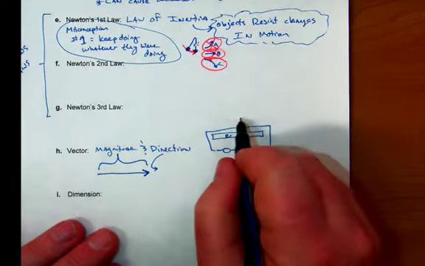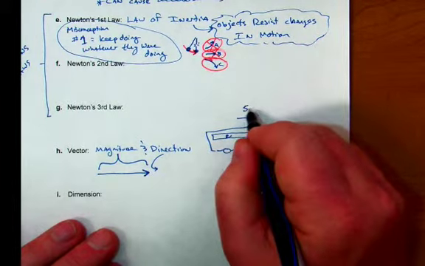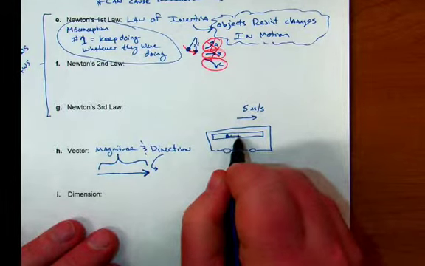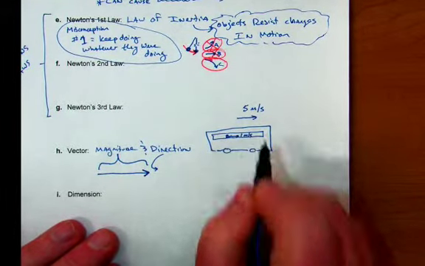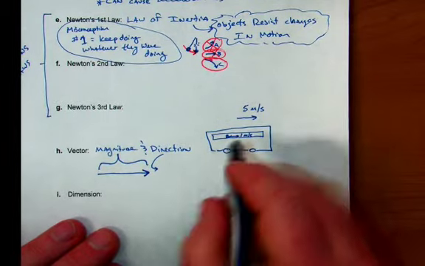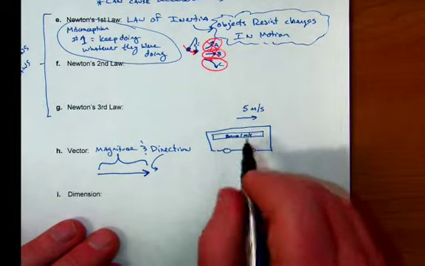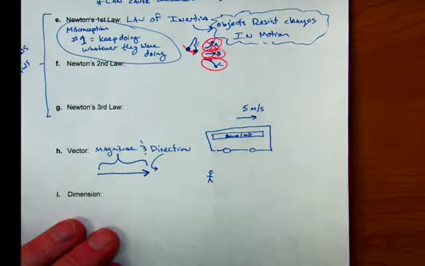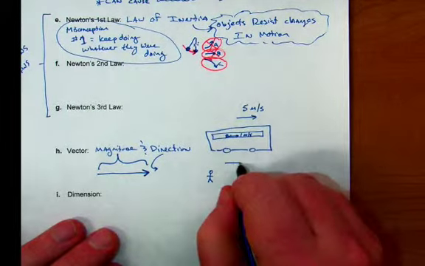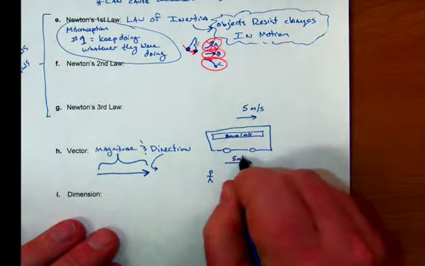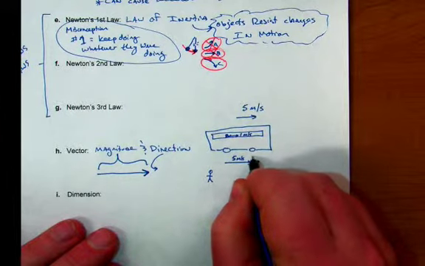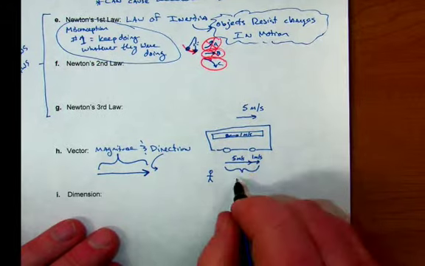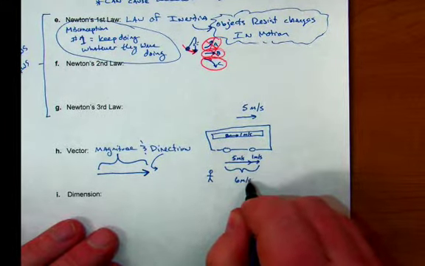If the bus is moving with a velocity of 5 meters per second to the right, and I am walking forward on the bus with a velocity of 1 meter per second, towards the front of the bus, you can simply add those 2 velocities together to see how fast I would appear to move from an observer standing on the street corner. So you would take that 5 meter per second vector, add that 1 meter per second vector, and you would wind up with a net velocity for me of 6 meters per second to the right.